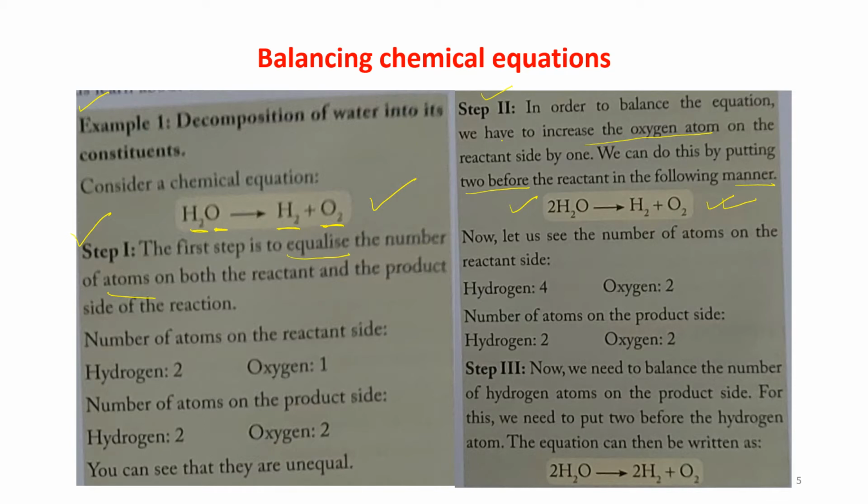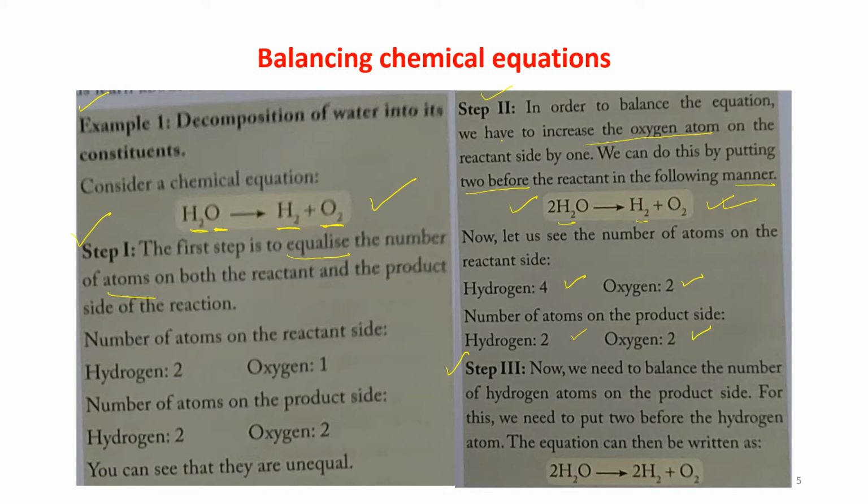Hydrogen here is 2 2s are 4, 4 atoms of hydrogen and 2 atoms of oxygen on the reactant side, and in the product side, we are having 2 atoms of hydrogen and 2 atoms of oxygen. Now, because of putting 2 before H2O, the hydrogen is not equal. Hydrogen becomes unequal.